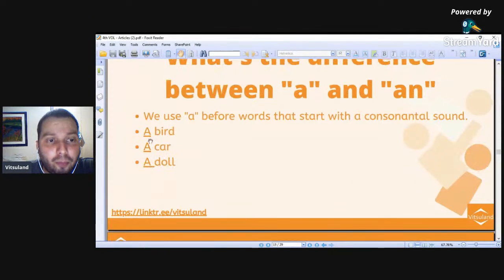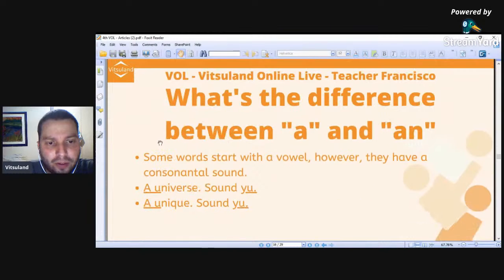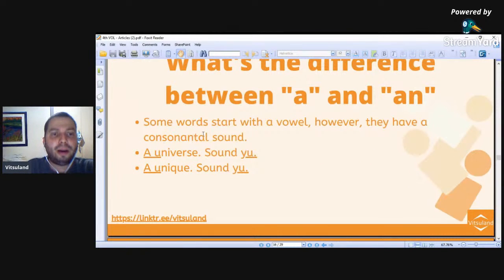So we have here, pay attention, B, C, D. These are common consonants, but I'll ask you to pay attention now because we're going to verify some details here. Some words start with a vowel, however, they have a consonantal sound, the sound of a consonant, like a universe, a unique.